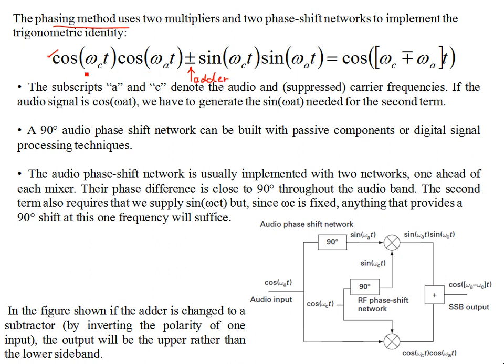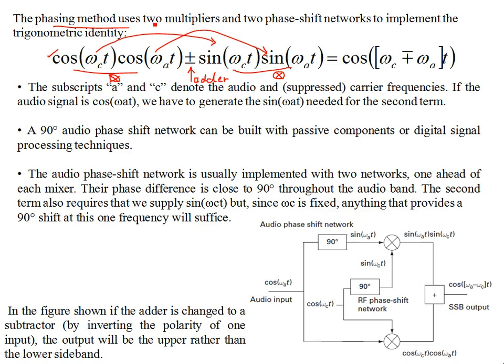Then you need two mixers over here, one here, the other for the second term. So you need one adder, two mixers, and you see that in the second term you require sine omega ct as well, and then for the audio as well. So you require two phase shifters, two multipliers, one adder.